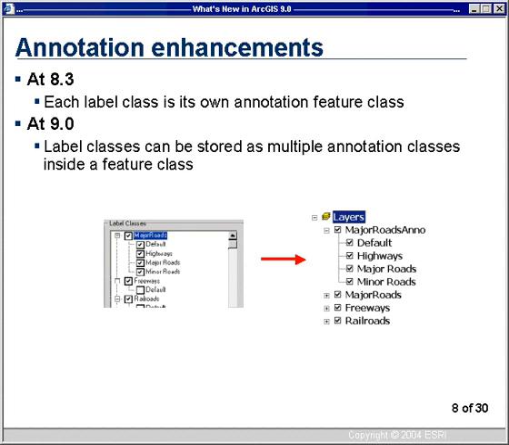Well, at ArcGIS 9, you have the ability to take label classes and store them as multiple annotation classes inside a feature class. That way I don't have to bring in multiple feature classes into my ArcMap session. I can just work with the one feature class and work with all the multiple annotation classes that are stored within that.